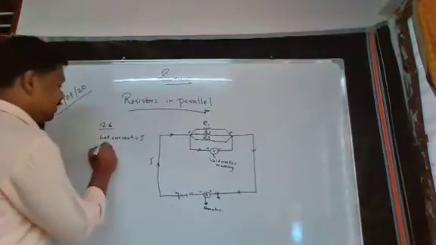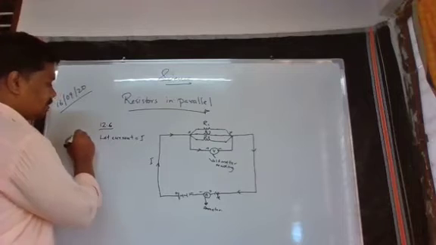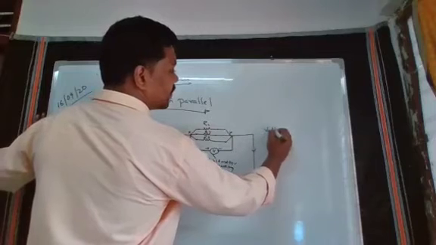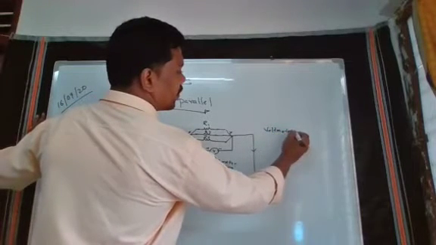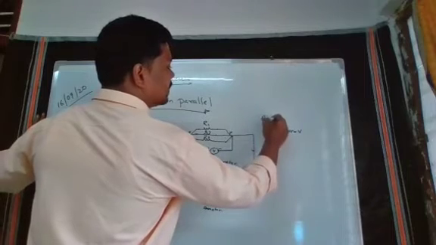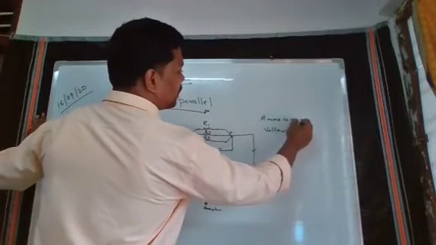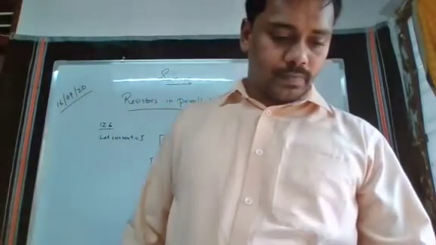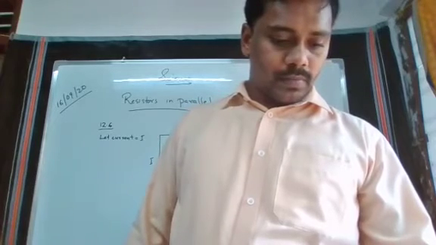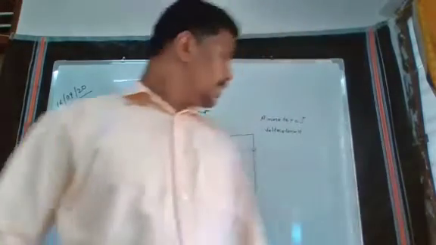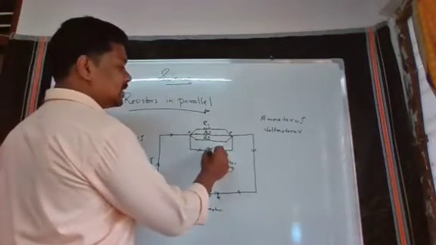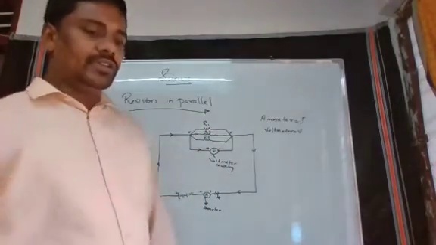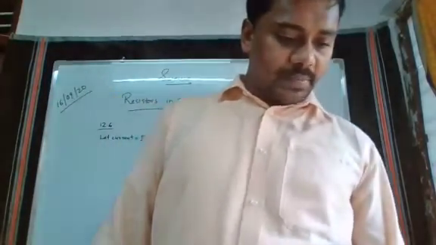Let the voltmeter reading be V and the ammeter reading be I. And for all the resistors, the voltage will be V, and if taken individually also, it will be the same.